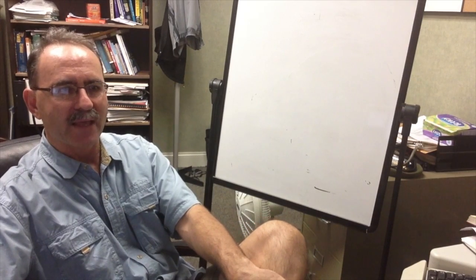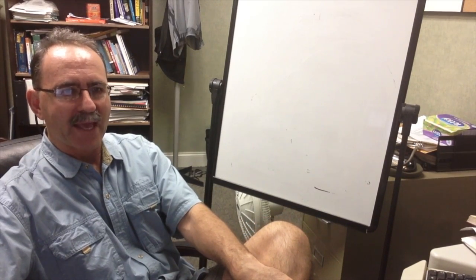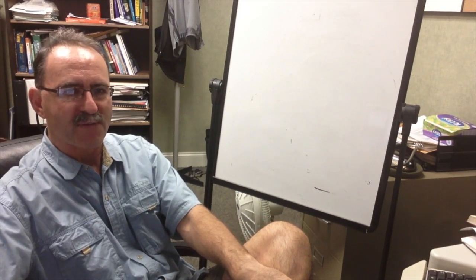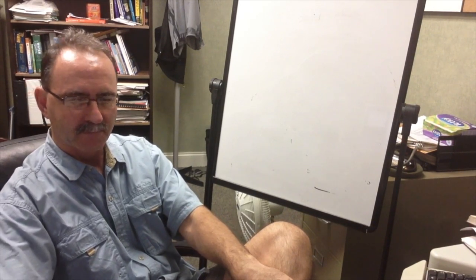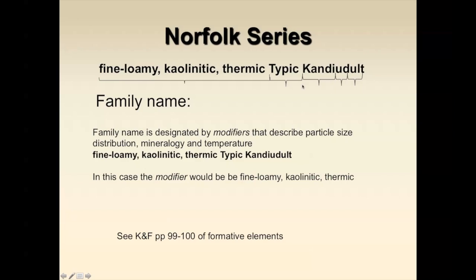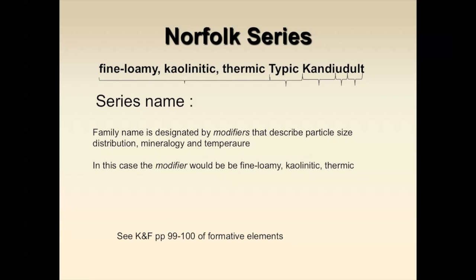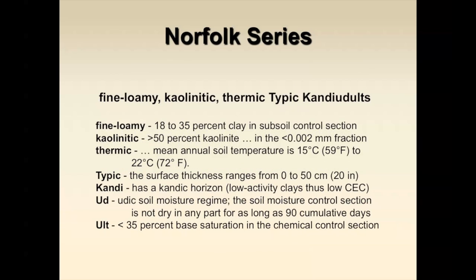So in this case, our family name, or the modifier over here, is going to be your fine loamy kaolinitic thermic modifier of this typic Candy Udalt. I hope this makes sense over here. So your Norfolk series is fine loamy kaolinitic thermic typic Candy Udalts.